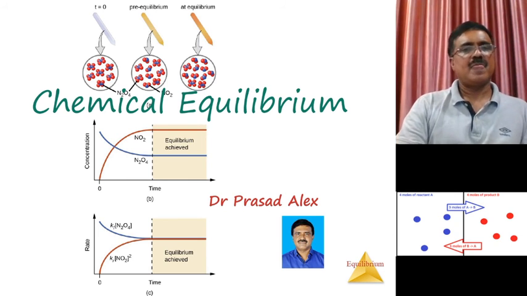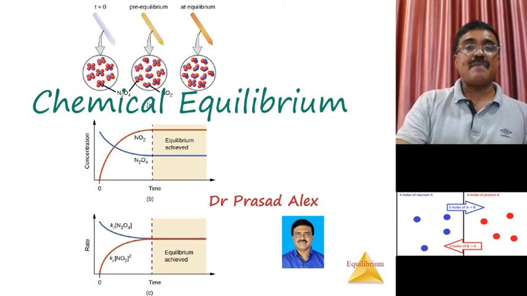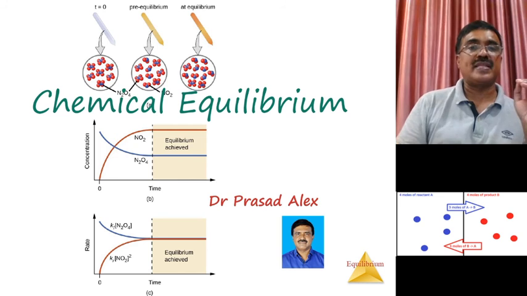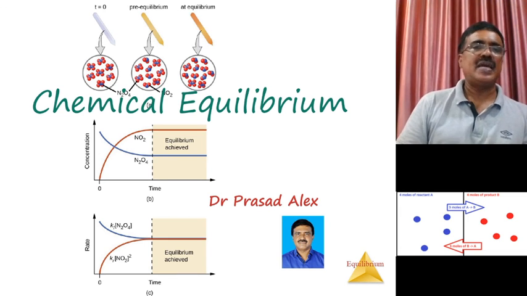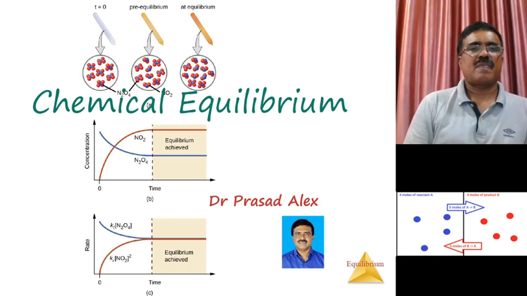Then we have to consider the temperature dependence of the equilibrium constant. That we will do in the next episode. But we have to be sure that the equilibrium constants Kc and Kp do not depend on pressure or initial concentration. They depend on temperature. They change with temperature, both Kp and Kc.